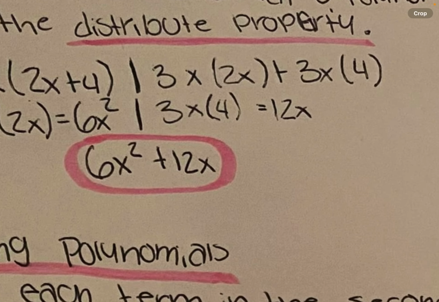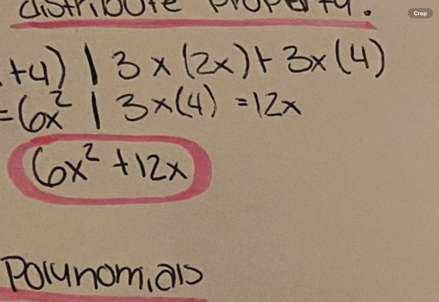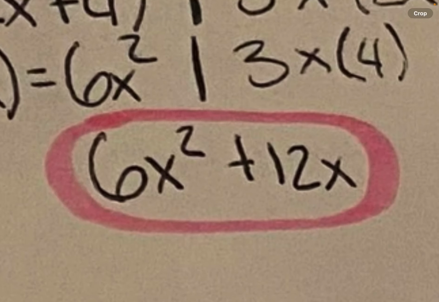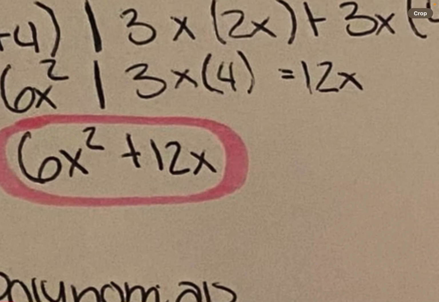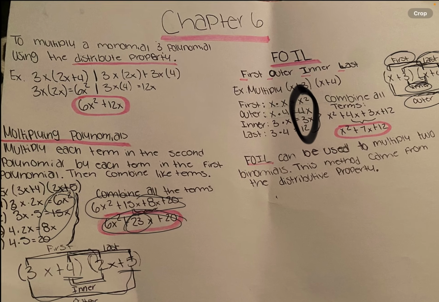And the bottom one is 3x times 4, which equals 12x. And we're just going to combine the 6x to the power of 2 plus 12x, and that's our answer.